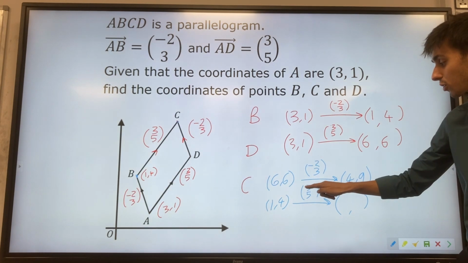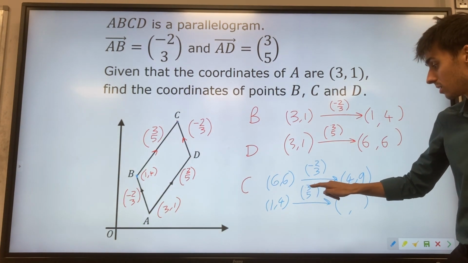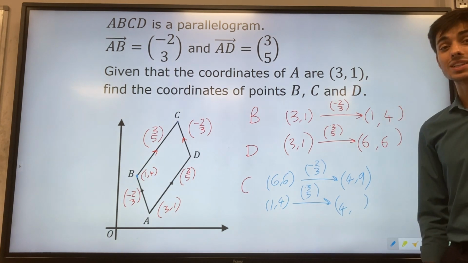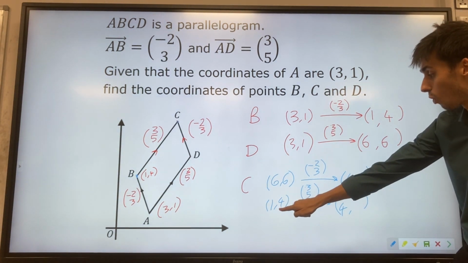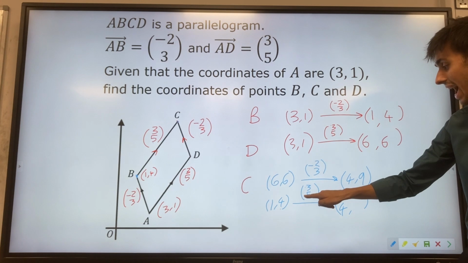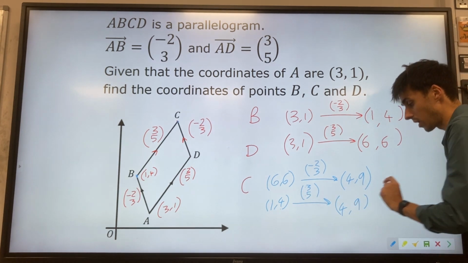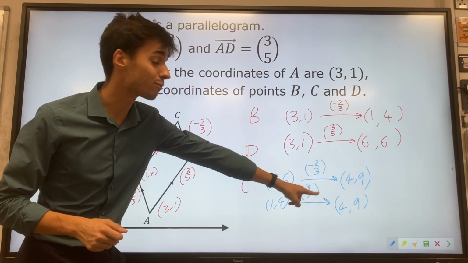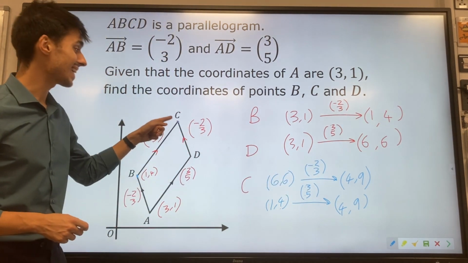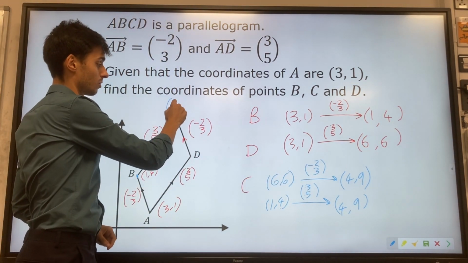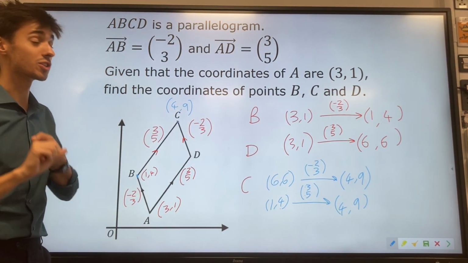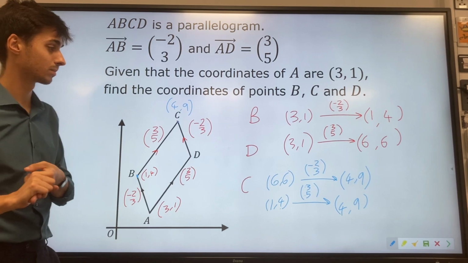We're going to add 3, because that's our x coordinate in the vector. That will get us to 4. And if we look at the second numbers, we had 4 on the y-axis. We're going to add our 5 to get to 9. Both of those agree with each other that we should end up at 4, 9. So C is definitely 4, 9. We've now found all of our coordinates B, C, and D.